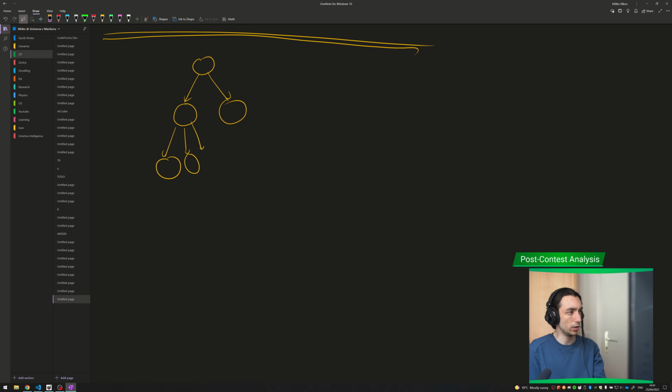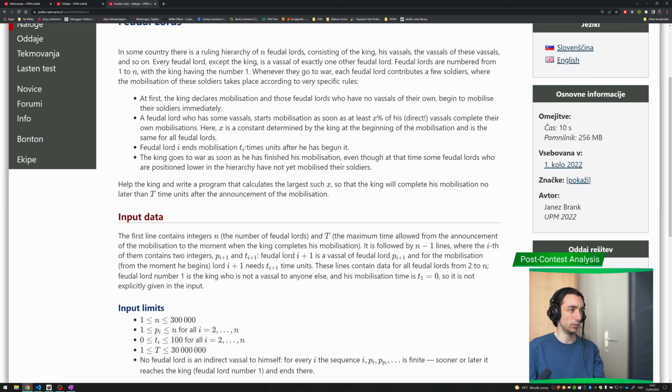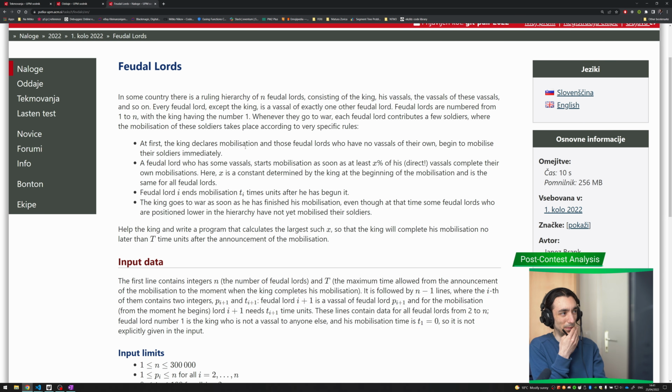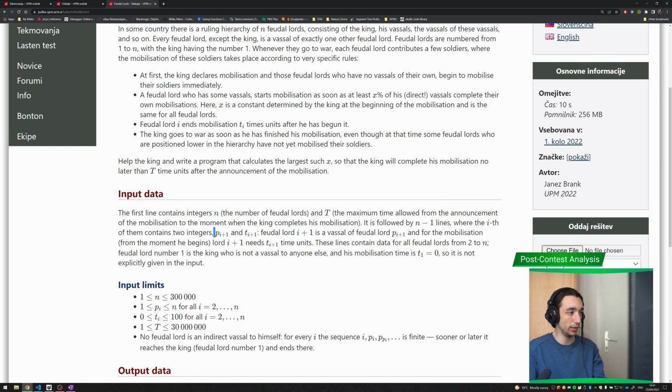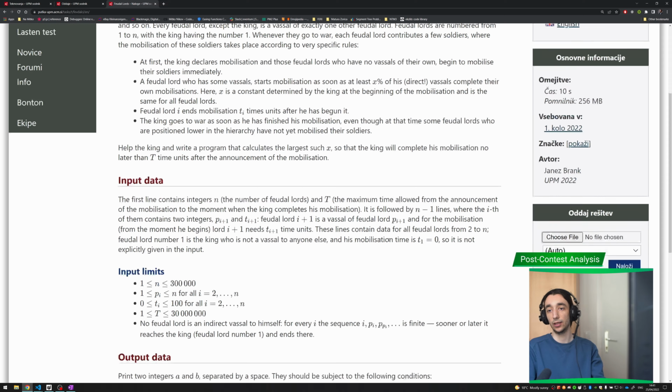Some tree. The problem is also a bit unclear at first, and the input is just terrible. This has to be fixed.